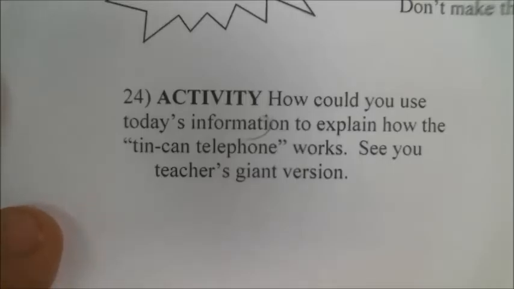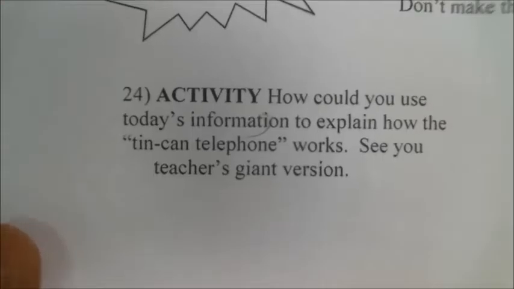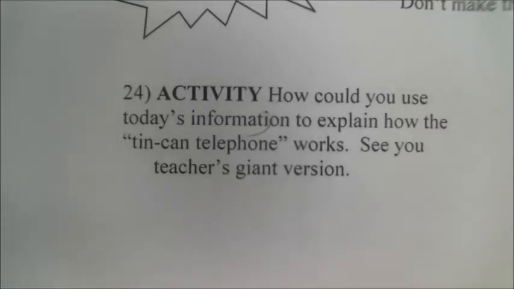If you want, you can play with the tin can telephone that I have. The way that that thing works is to pass the mechanical wave from one can to the other. You first of all have to have the two people holding the tin can with the string taut. It has to be kind of tight with a little bit of tension to it. As one person talks into one can, the other person has their ear to the other can.